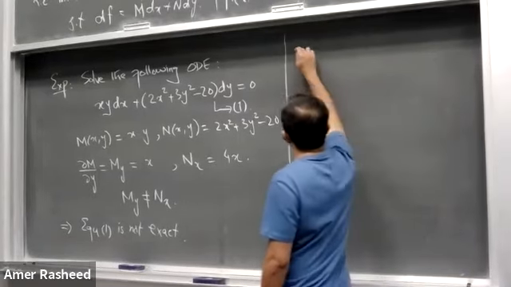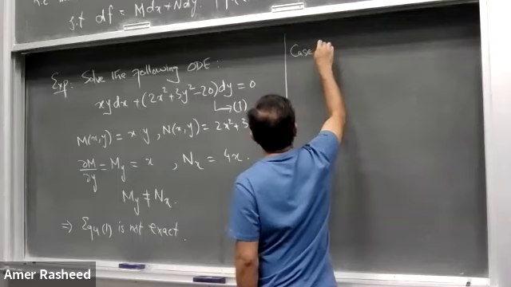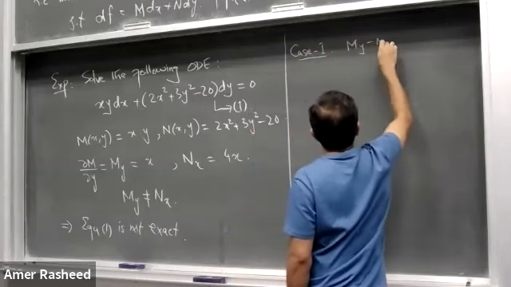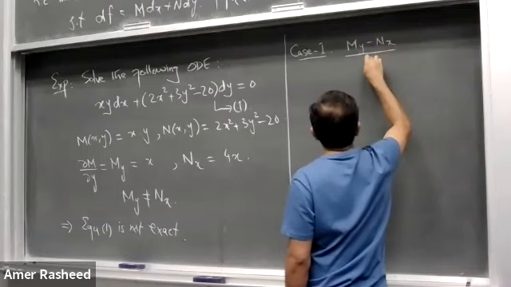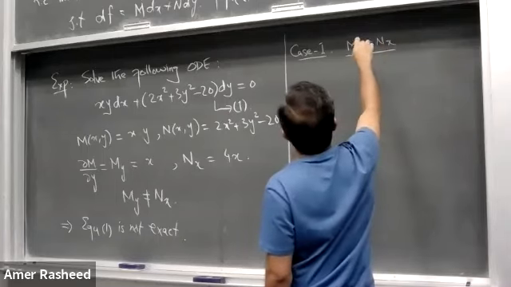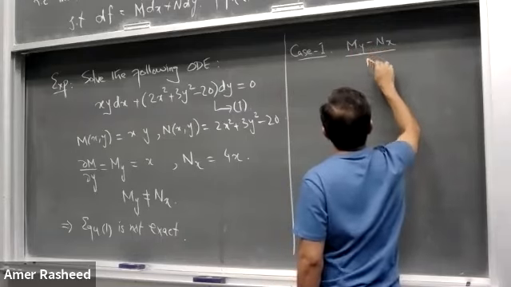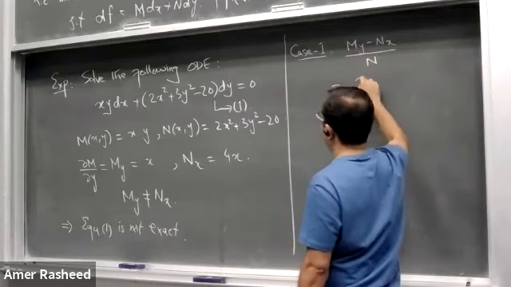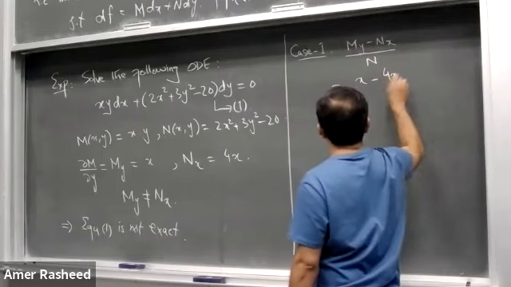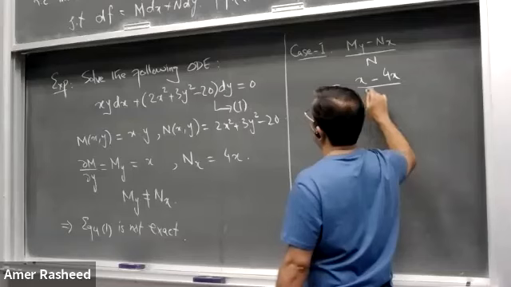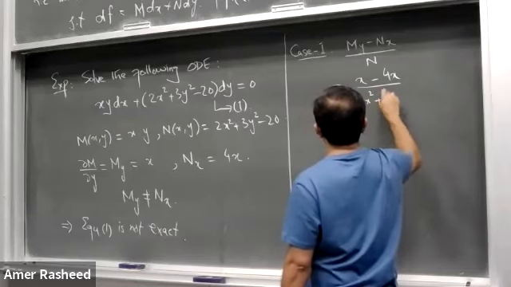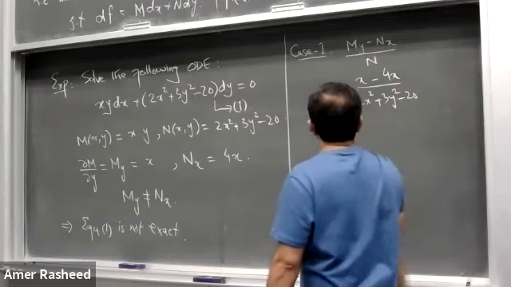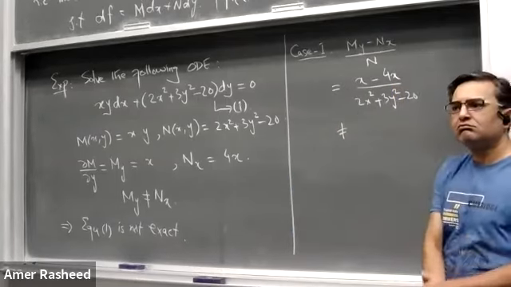So for that, we check two cases. Case 1: M y minus N x divided by N. We compute this. M y is x, N x is 4x, divided by N, which is 2x squared plus 3y squared minus 20. And this cannot be simplified.